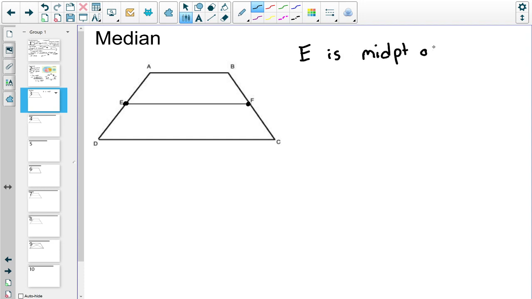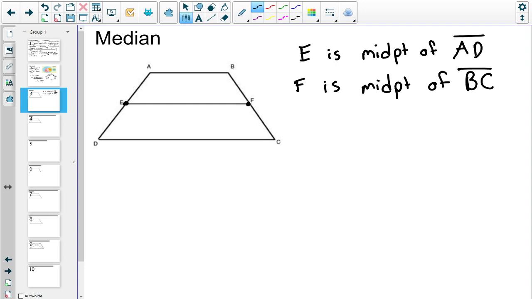We call this segment the median. So the median of a trapezoid is the line segment that connects the two midpoints of the legs. Not the bases, the legs.